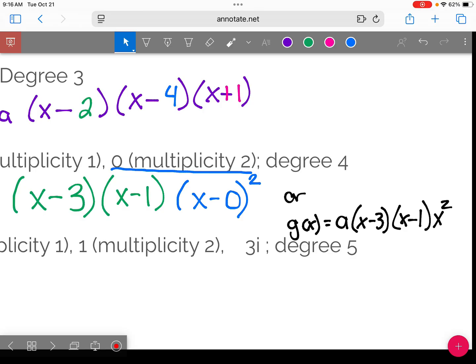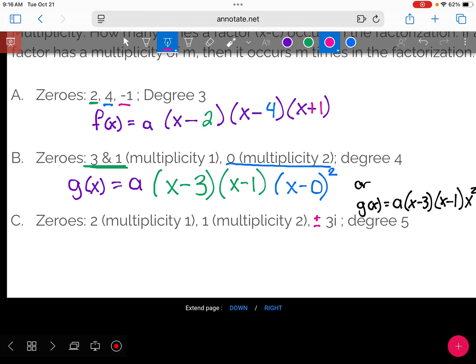So if one of our roots is 3i, we are also going to have a root at negative 3i. Even if it just says i, it is plus or minus i. If it says 2 plus i, it's going to be 2 plus or minus i. We always have imaginary numbers in pairs.